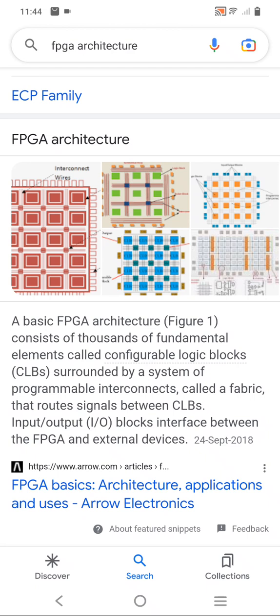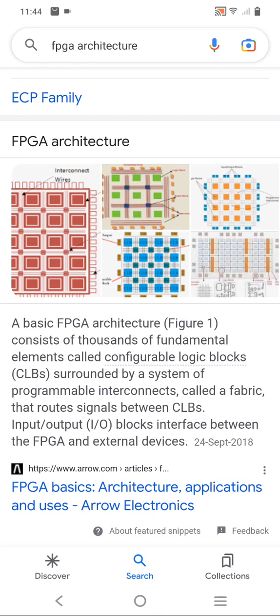So a single input system will be buffer and NOT. A double input system will be a combination: you have AND circuit, OR circuit, and inclusive OR, exclusive OR, those kinds of things. So these are all different kinds of circuits that come into play.